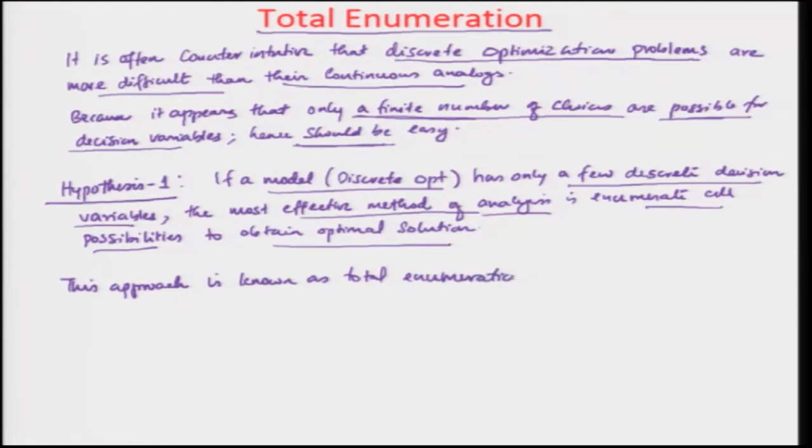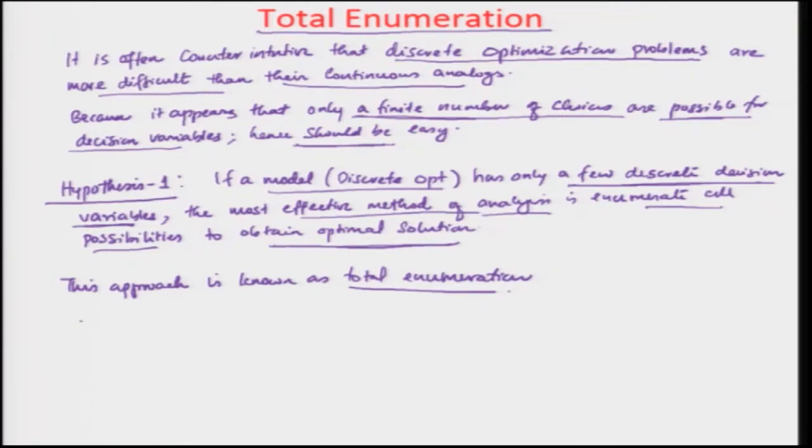So, when somebody says total enumeration, you should understand a few things. One, the decision variables have only a few discrete options, and out of this you are able to get an optimal solution.